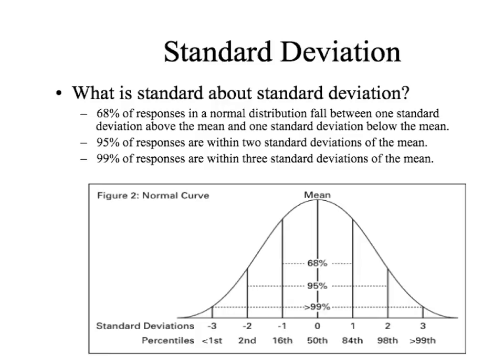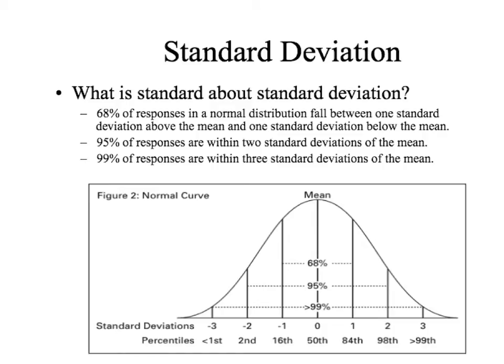So standard deviation is really interesting because it is a way to create standard scores out of the data. So what's so standard about standard deviation anyway? Well, what we know is that we have this curve. Everything is based off of this normal curve. We talked about the normal curve when we were talking about skewness, when we talked about the mean.